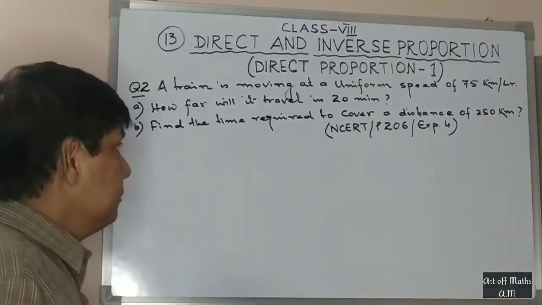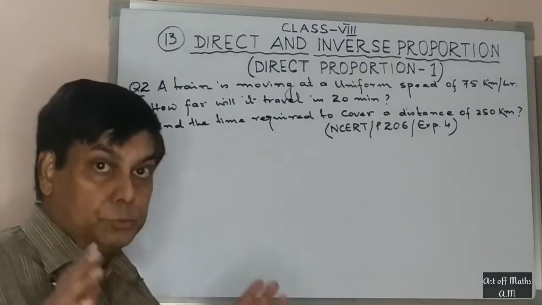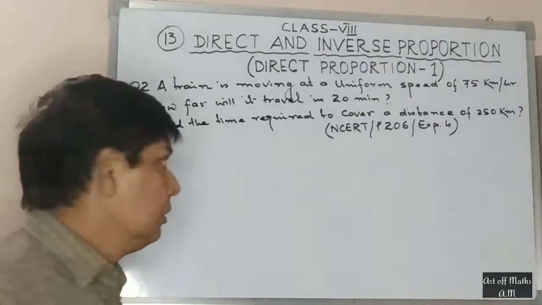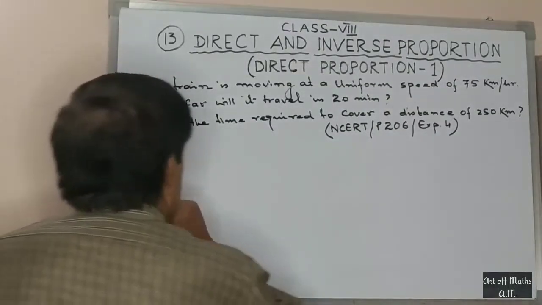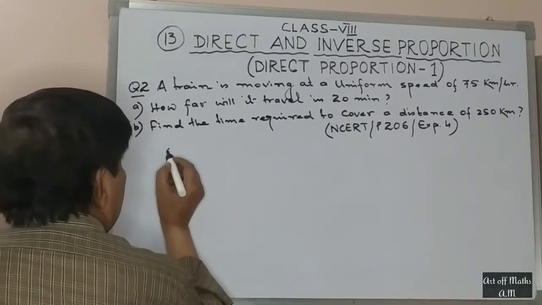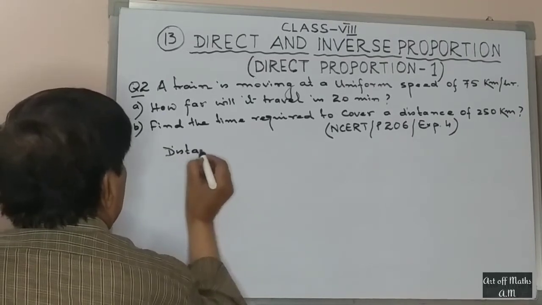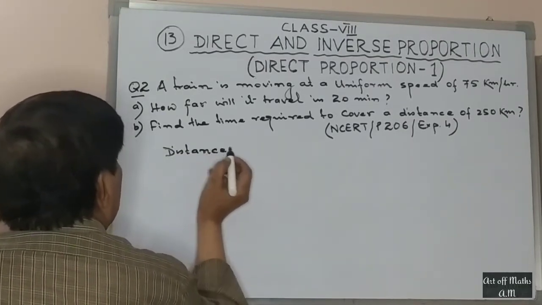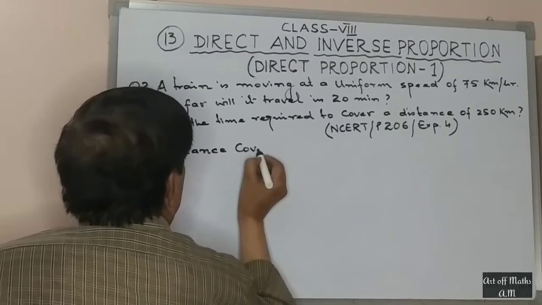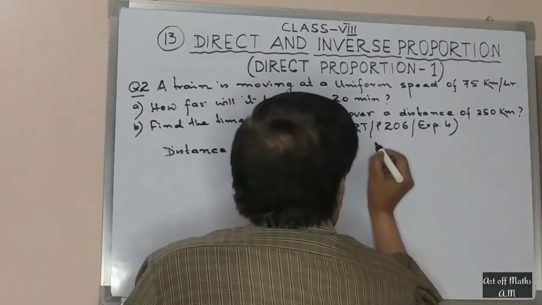Now we have to segregate two quantities. First of all, one is distance covered, and the other is time taken.